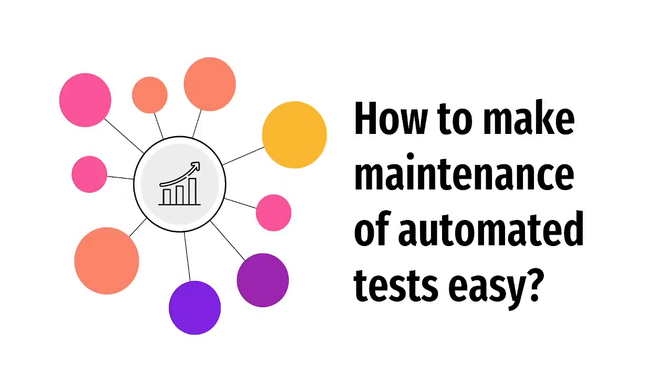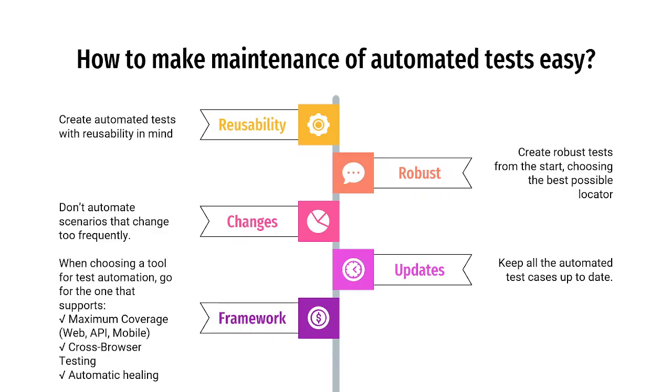Let's begin. How to make maintenance of automated tests easy. These are the five elements which will make your automation test maintenance easy. The first one is reusability.